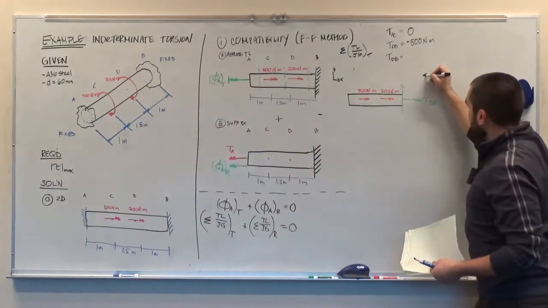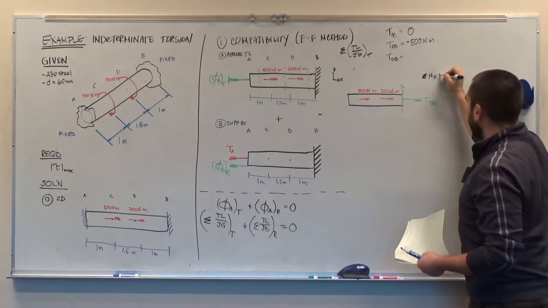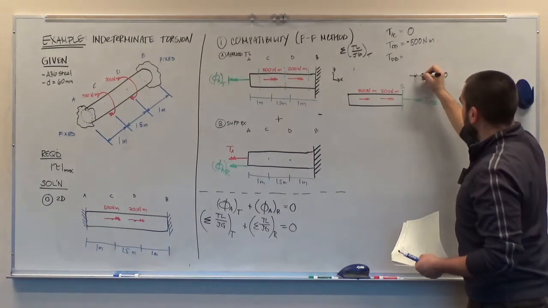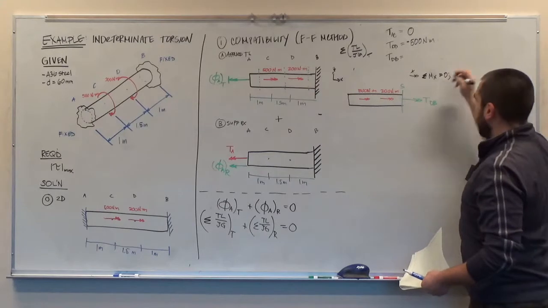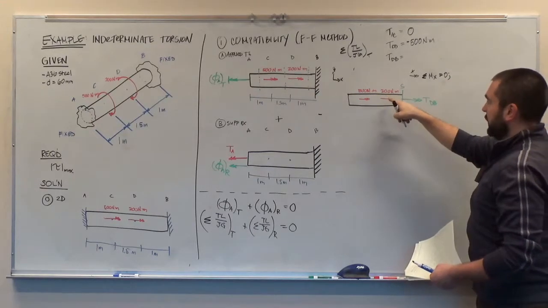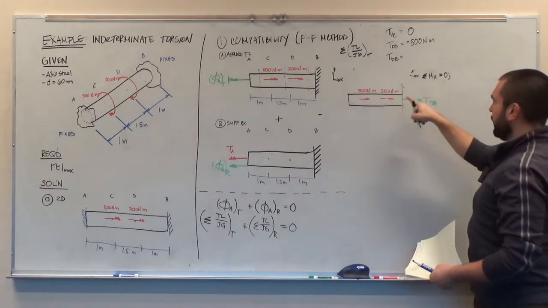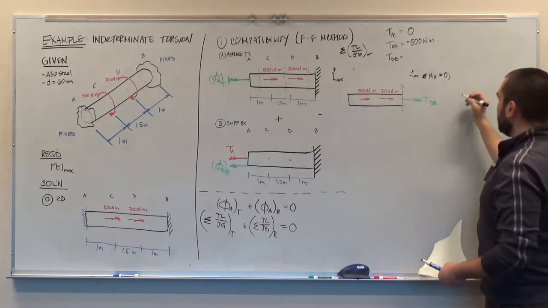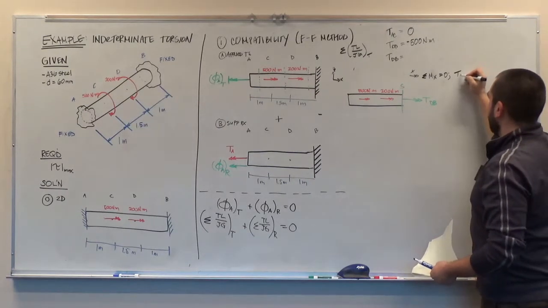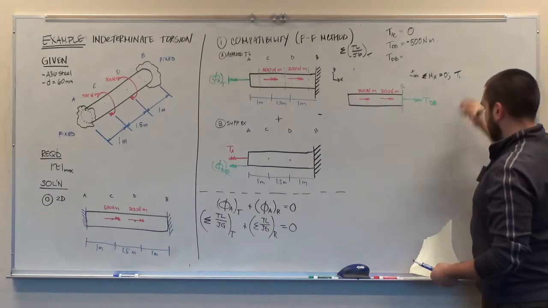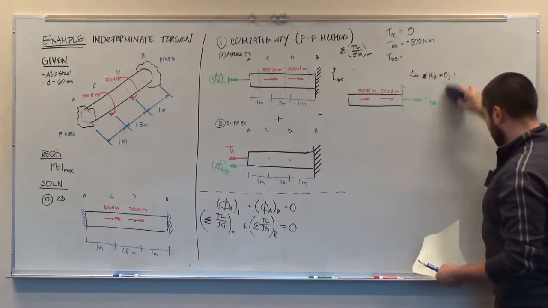I'm going to sum the moments about the x-axis equal to 0. And I get positive 500 Newton meters plus 200 Newton meters plus torque DB equals 0. I'll run through the equation just for fun.